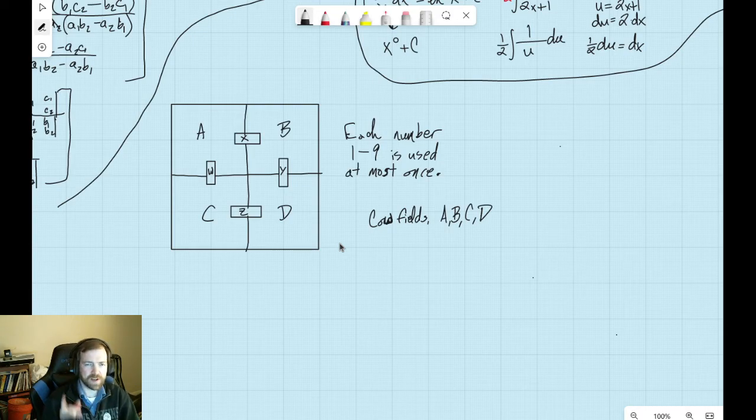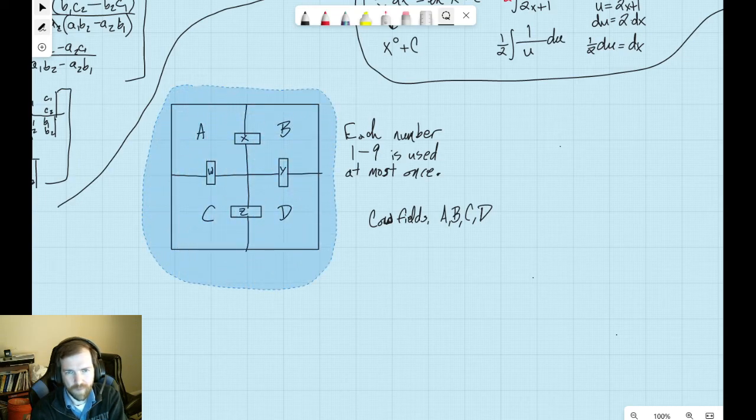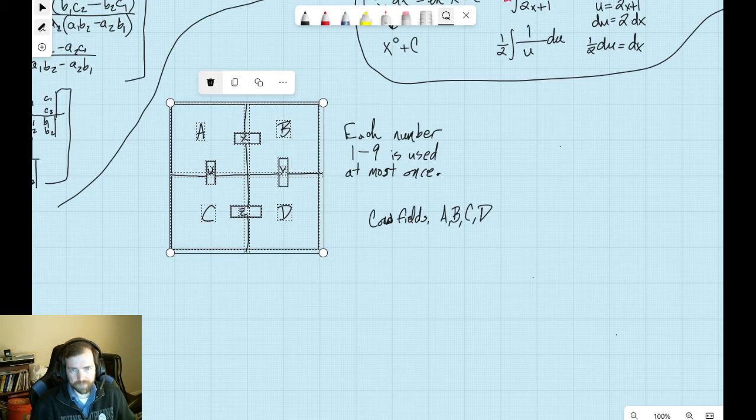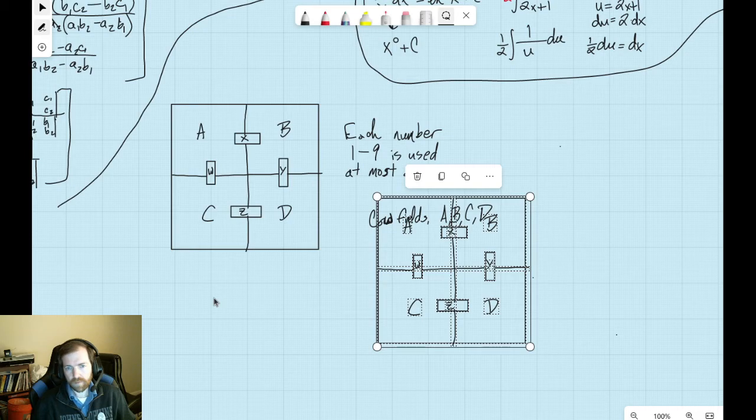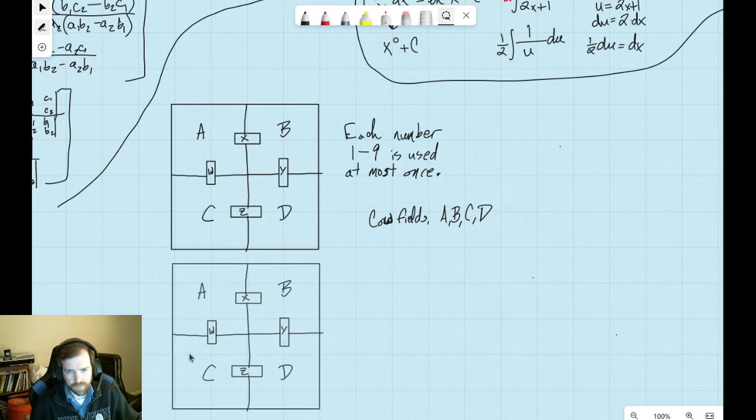The numbers are put into A, B, C, D, and W, X, Y, Z. Let A equal 1. Good start. Okay, why?